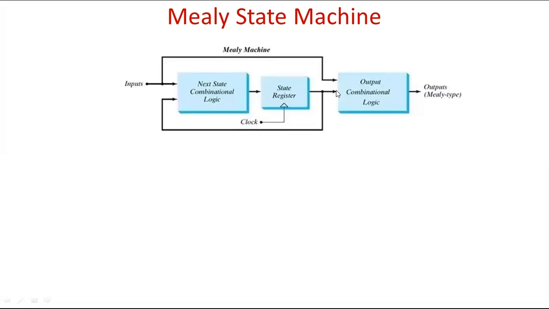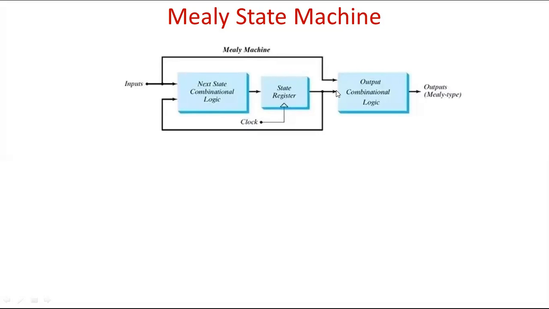In the Moore machine, the output function is a function of the current state only, so it has no impact from the present input. Whereas in the Mealy machine, it depends on the current state and the present input also.